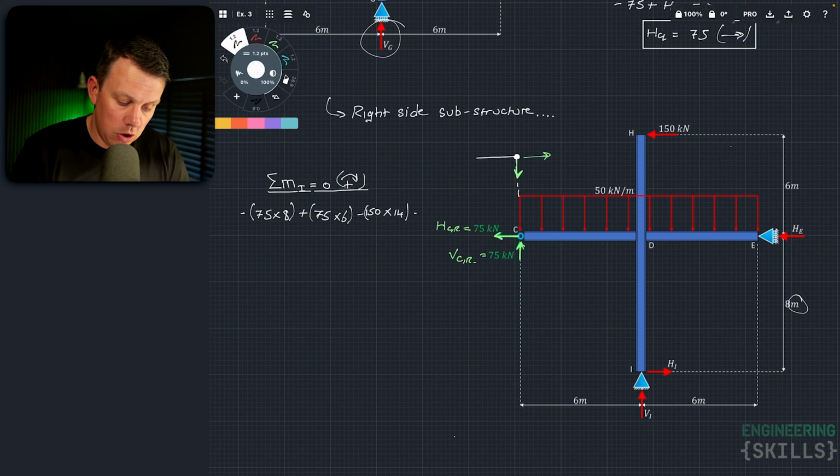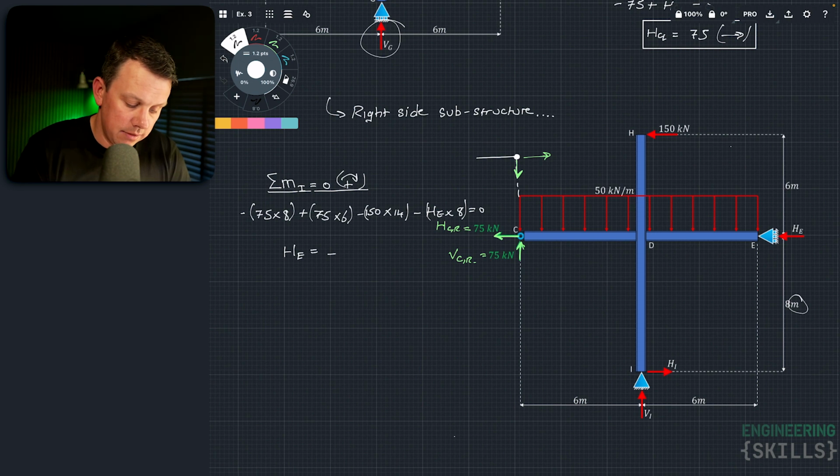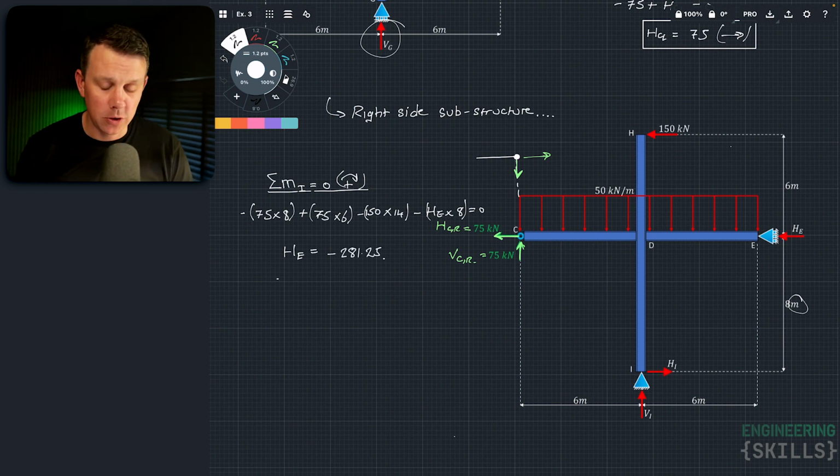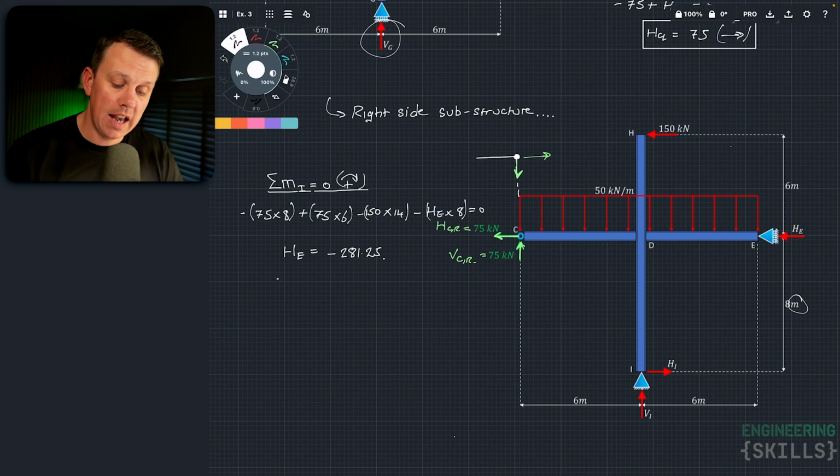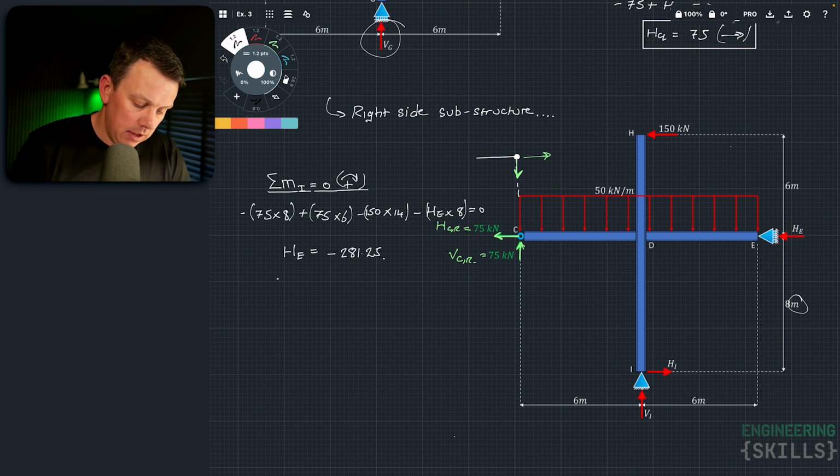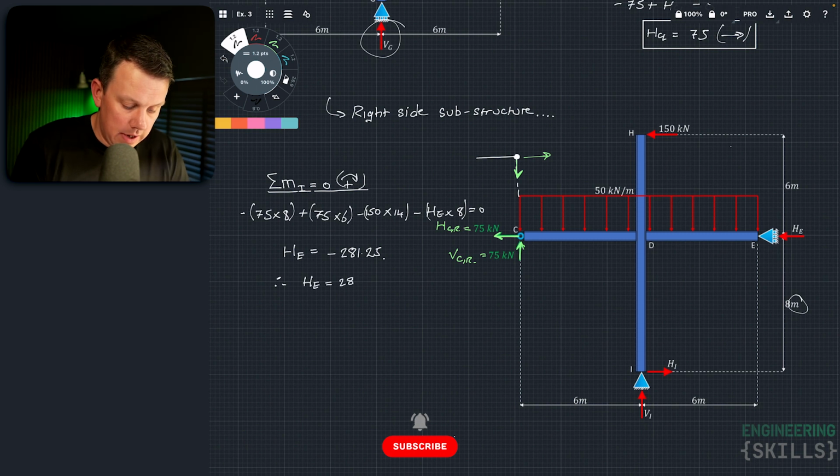And then our unknown is negative moment HE times 8 meters, and all of that is equal to 0, which gives us HE equal to a negative 281.25. And again, we now know that that means that HE doesn't point to the left, it actually points to the right. So again, I'll just say therefore HE is 281.25 pointing to the right.